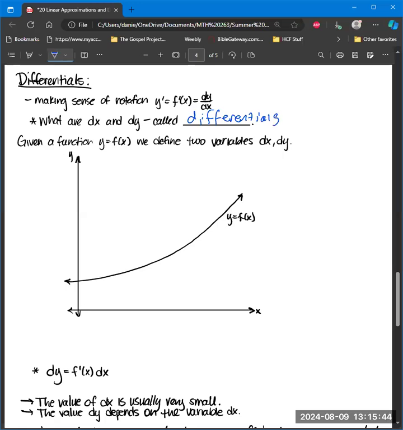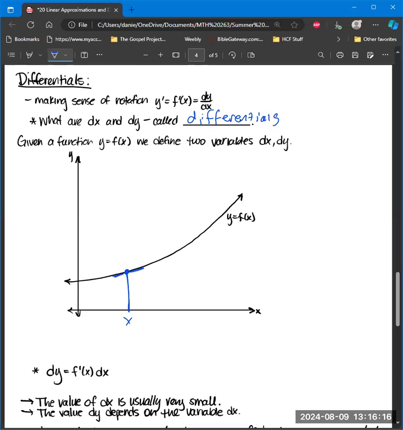And they stand in the place of infinitesimals. So given a function y equals f of x, we define two variables, dx and dy, where if we draw a slope triangle here, here's x, and here's another point here.